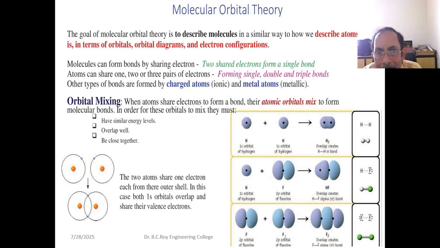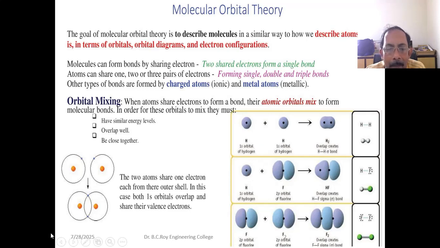The more orbital mixing occurs between similar energy levels, and they should be close together and should be in the proper angle. Now see here, these two s orbitals, spherically symmetric, are overlapping, giving a sigma bond.